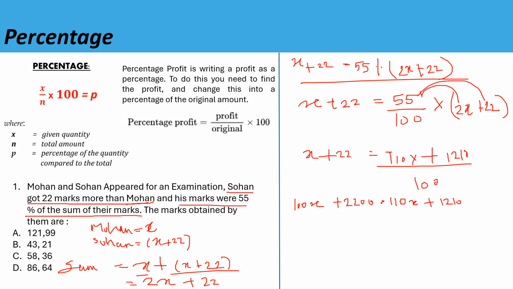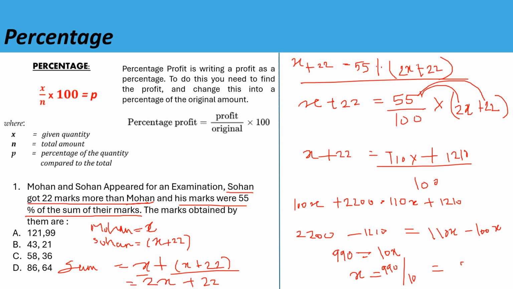So this can become 2200 minus 1210, which is equal to 110x minus 100x. So now 990 is equal to 10x, right? So x is 990 divided by 10, which will be your answer.